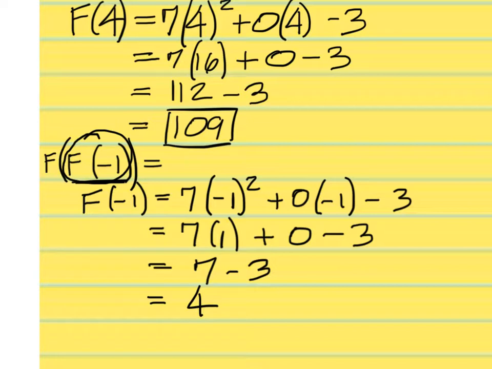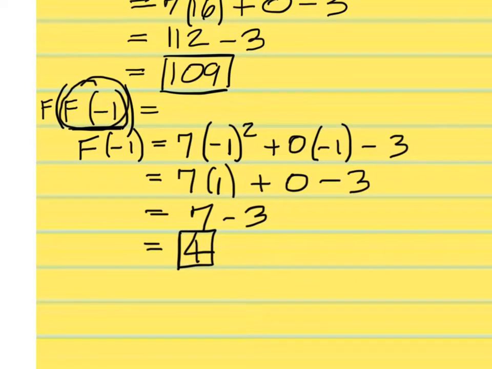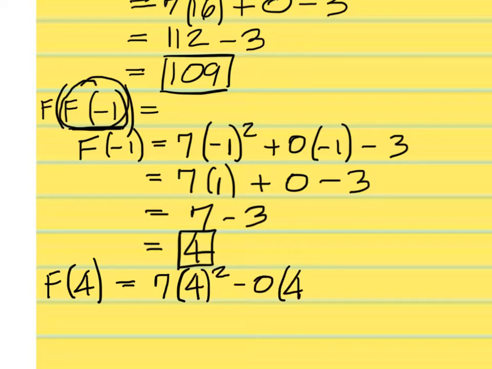Whatever the answer is for f of negative 1, which in this case is 4, you have to plug that back into the function. So now you're doing f of 4. So it would be 7 times 4 squared plus 0 times 4 and then minus 3.